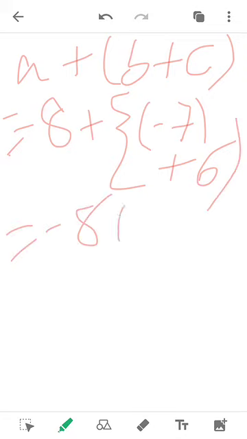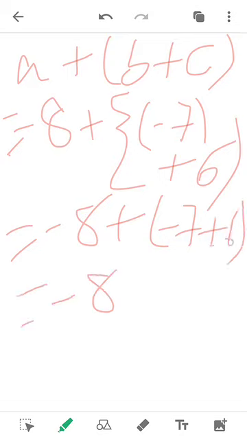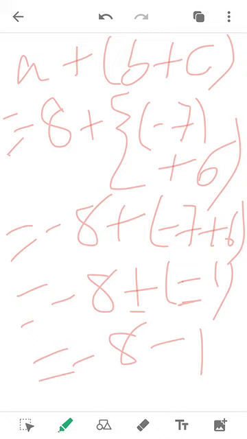Minus 8 plus minus 1 is equal to minus 9.